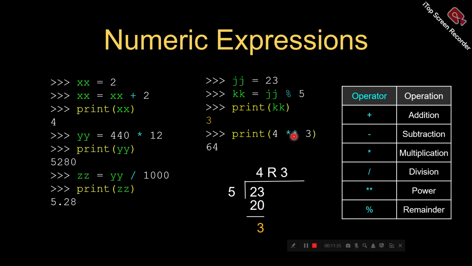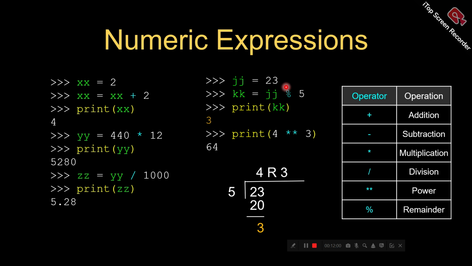So what is a remainder? The remainder is basically the value that remains after dividing a number. For example, we are dividing 23 by 5. 5 fours are 20, so the value remaining is 3. Now 3 cannot be divided by 5, correct? So 3 is considered the remainder of your expression.